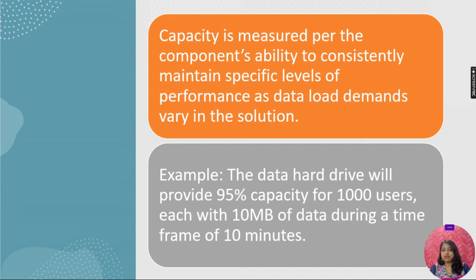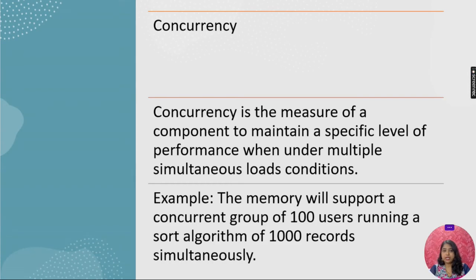So in this way we need to specify the capacity, that if there are 1000 users, each user will be provided 10 MB of data during a time frame of 10 minutes. This is how we measure the capacity of the system during high demands.